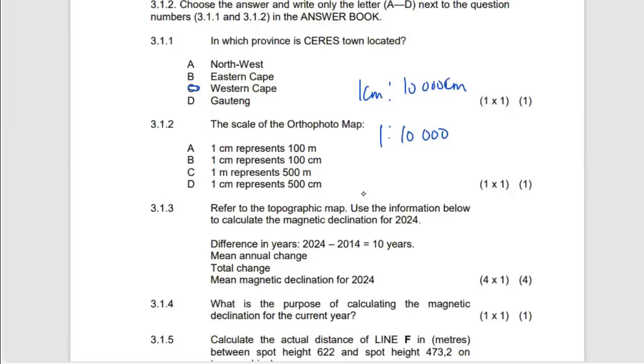So if you want to convert this to meters, to use a word scale, so that we say 1 centimeter represents, because remember the word scale, it allows us to use different units of measurement, but on a ratio scale, it means whatever unit is here is the same unit on the denominator. So it's the same units of measurement. You cannot express numbers as a ratio if they have different units of measurement. We can only do that on a word scale.